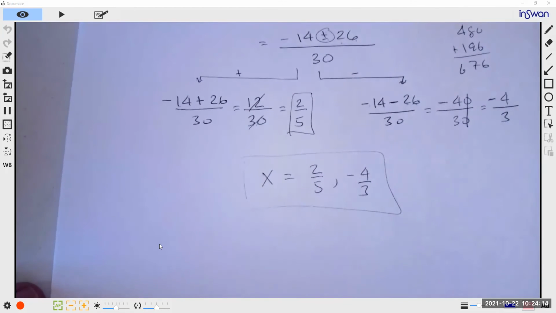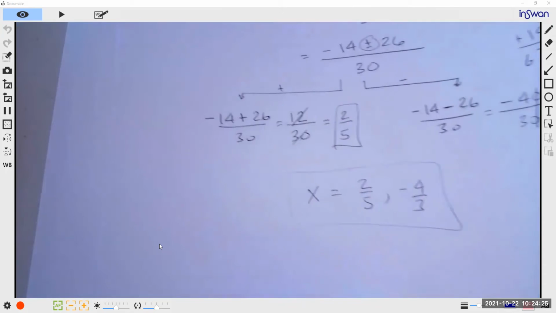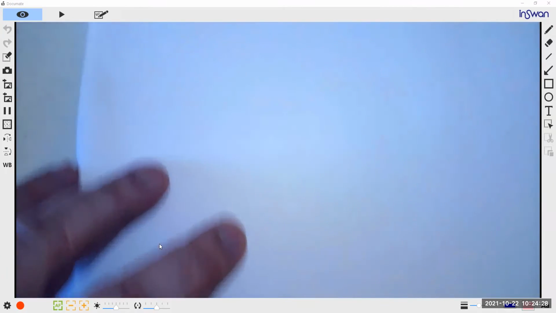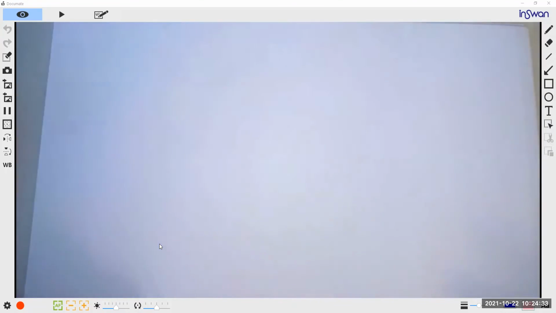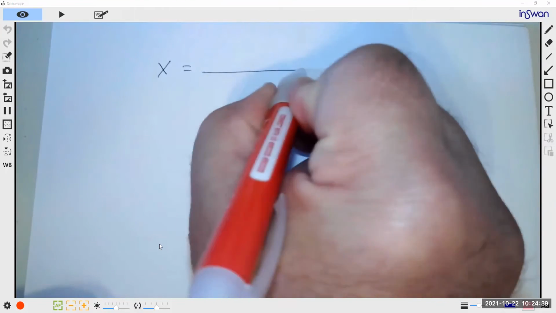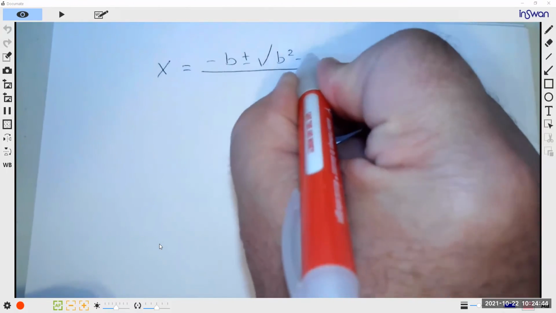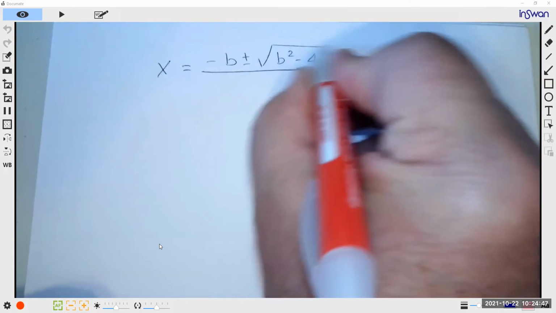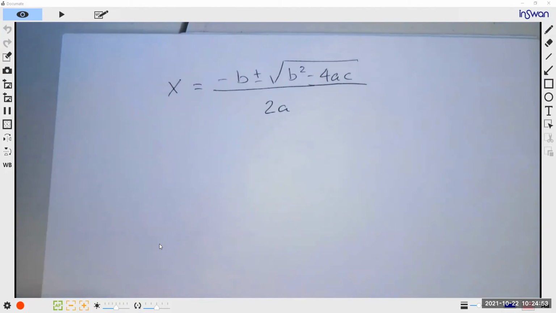So again, the quadratic formula method requires the least thinking. Once you have your equation, plug in the coefficients, the numbers, and it works itself out. Now, the quadratic formula does a little bit more than that.